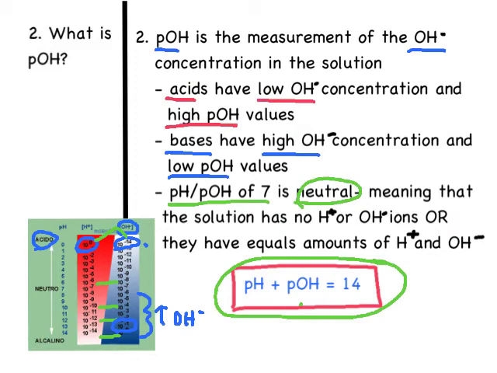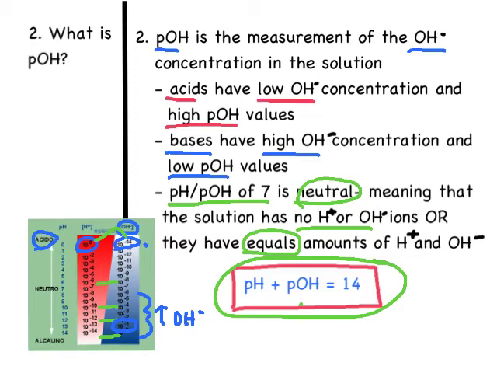That means there are two scenarios: either it has no hydrogen ions or hydroxide ions at all, or it has equal amounts of the two, so that they cancel out, like a neutral substance. So that is the pOH scale. It exists, but is not used as much as the pH scale, because that's probably the first time you've heard of the pOH scale.